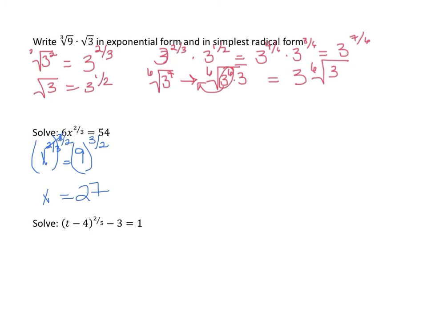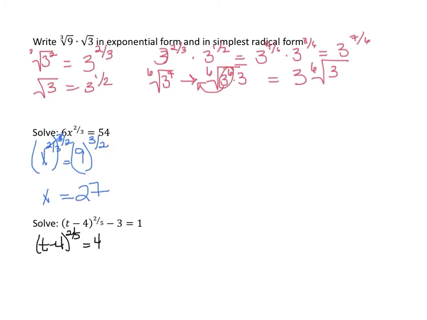Next problem, very similar. First thing I need to do is add 3 to both sides. I have t minus 4 to the 2/5 is equal to 4. Now when you do order of operations and you're solving, you work from the outside in.